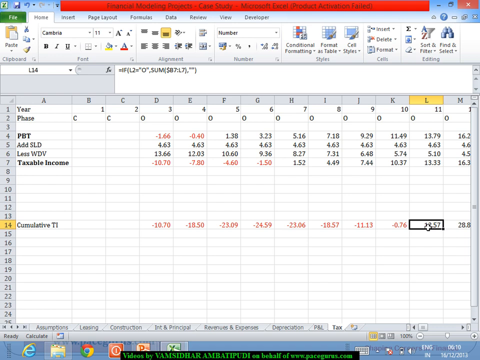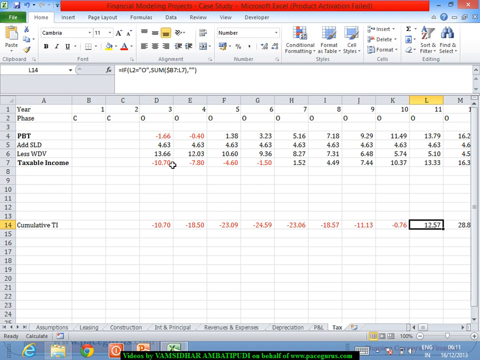But in the meanwhile, we have the scenario of the MAT coming into the picture, especially where my taxable income is negative but still the PBT is positive. In that year, we would still pay a MAT on the PBT, which can be recovered at later stages.